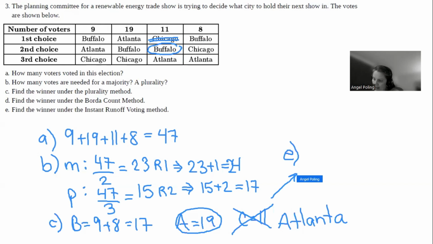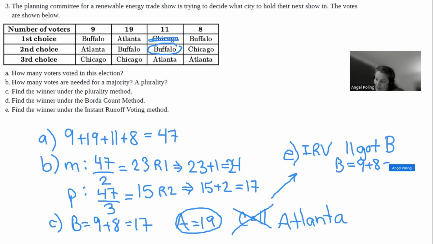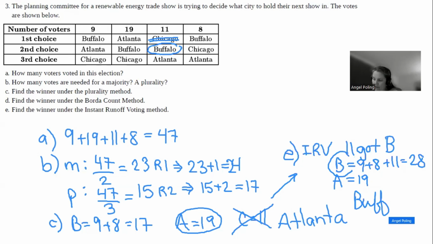So in the runoff method, 11 go to Buffalo. So Buffalo has the 9 plus 8 plus 11 for 28 versus Atlanta's 19. And now Buffalo wins. So the runoff method has Buffalo as the winner.